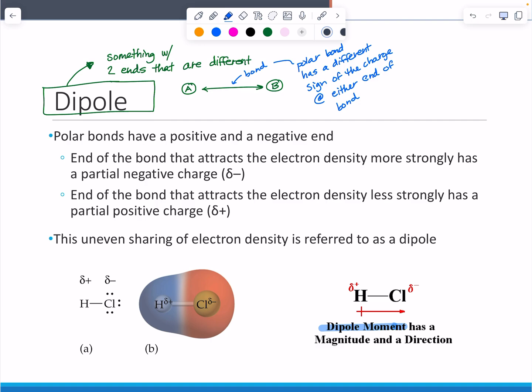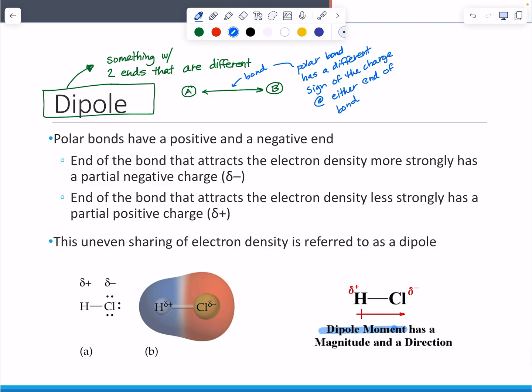So dipole moments will have a positive end, and we designate that by making the end of the arrow a plus sign, so that's the positive end of the dipole, and the arrow points to the more negative end.